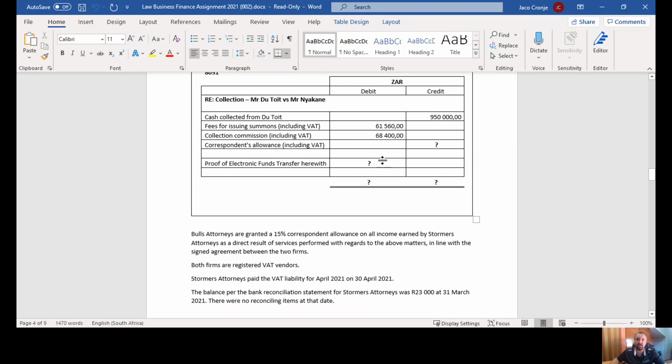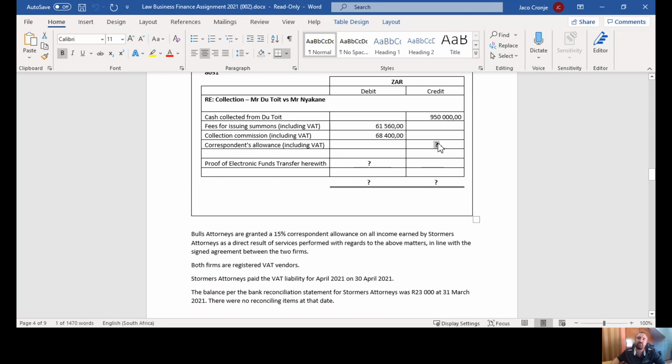So let's immediately go back here to that question mark. Now I can't give you the actual answer, but I can tell you that that is subject to correspondent allowance, and that is subject to correspondent allowance. So if you add those two amounts together and multiply by 15%, you are going to get the answer that you must fill in for the correspondent allowance question mark there.